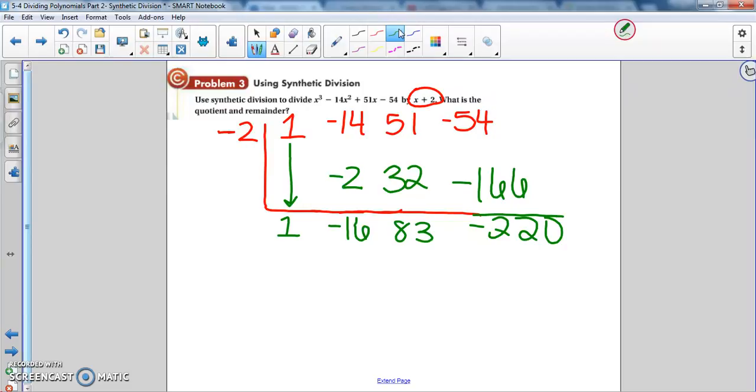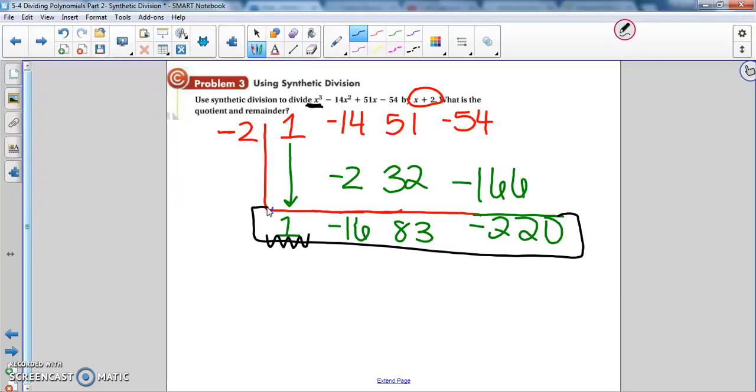Now that we have completed all of the coefficients, I have on the outside the coefficients of my quotient. The way we are going to determine what variable and what exponent goes with them is by looking at the first term from our original polynomial. Our first coefficient will be 1 degree less than our first term in our polynomial.